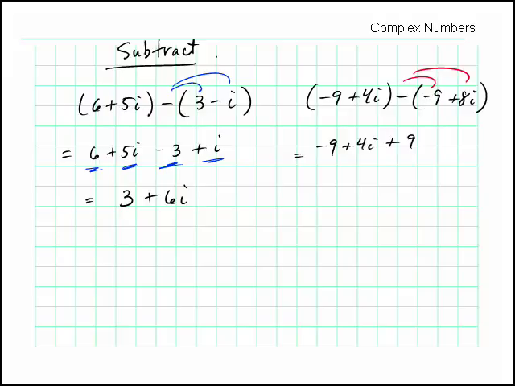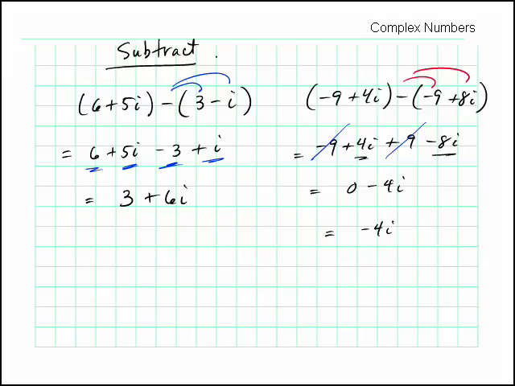This will be plus 9, and this will be minus 8i. Adding your like terms together, those numbers, that's 0. And then we got this and this, which is negative 4i. And so this turned out to be a pure imaginary number, negative 4i. That's how we add and subtract complex numbers.